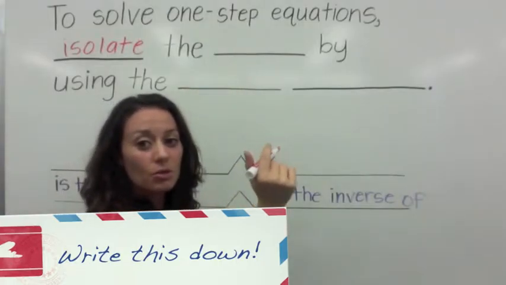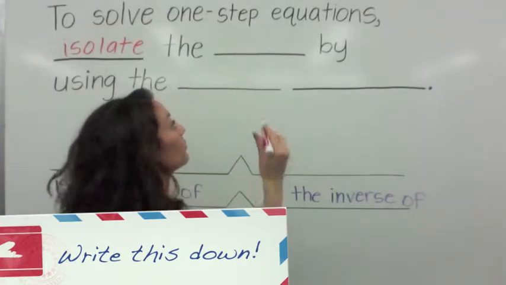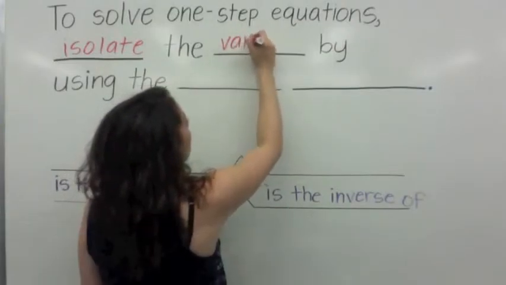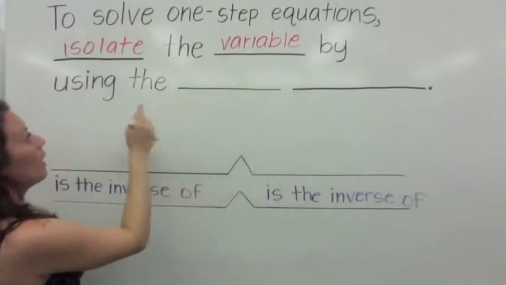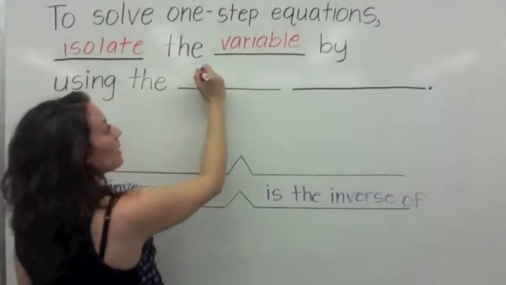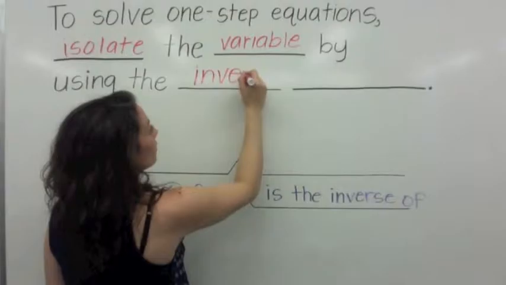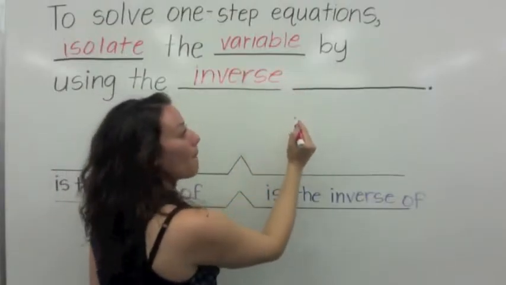Another vocabulary term for letter is variable. So you're going to have a letter in these. You're going to isolate the variable by using the inverse operation.